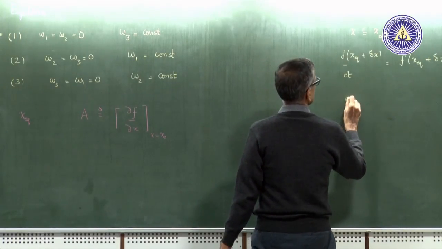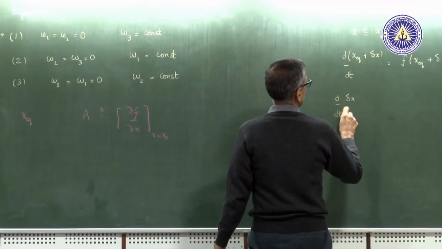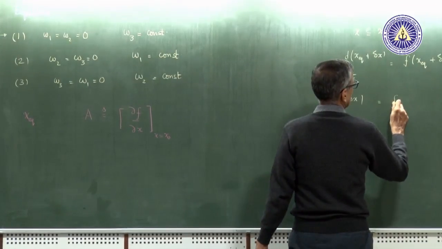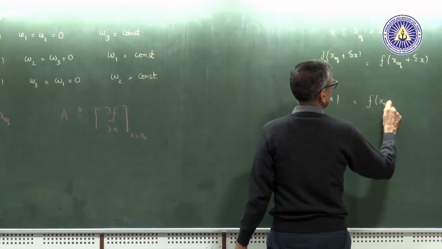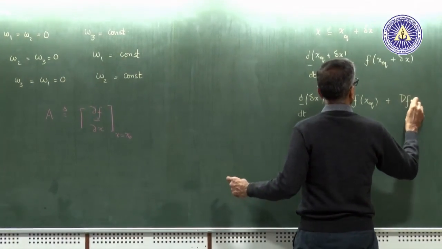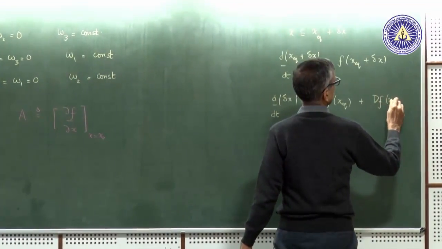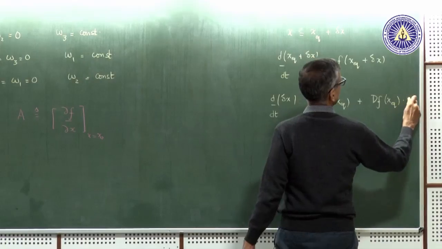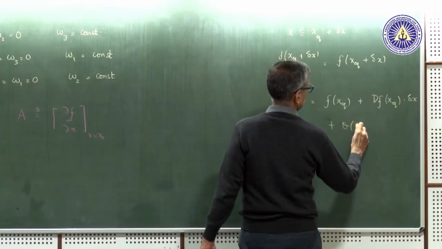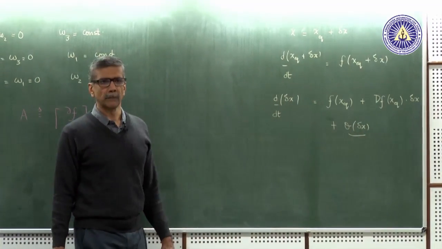This becomes this, because this goes to 0. And if I expand this in a Taylor series about x equilibrium, this symbol is the same as this, plus higher order terms, right.